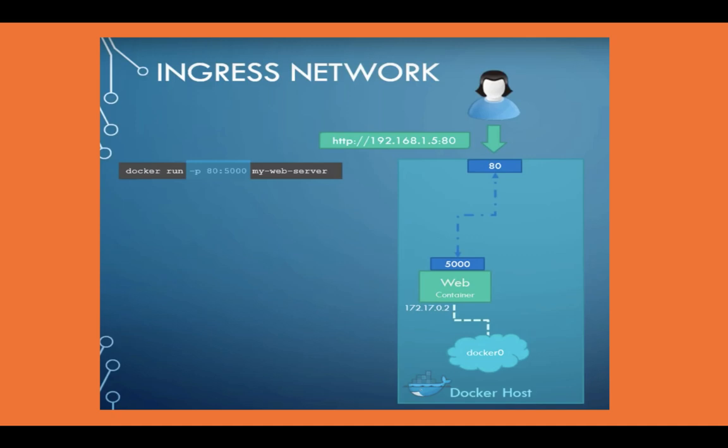The first port number, 80, is the host port number. The second port number, 5000, is the Docker container port number. On the right-hand side, you can see the client is interacting with port number 80. This port number 80 is mapped to port number 5000 of the Docker container.